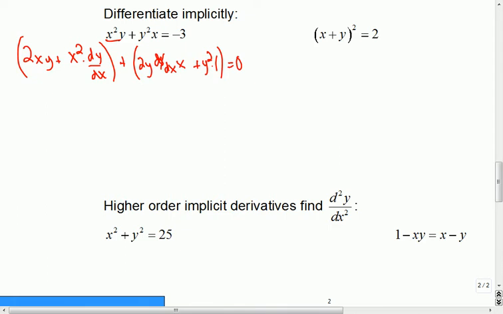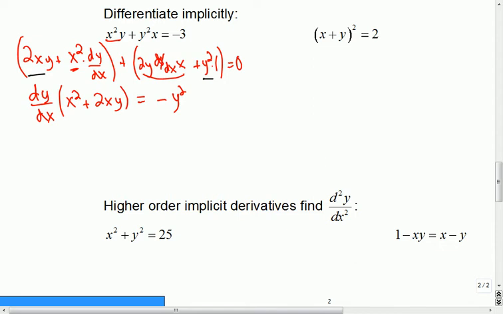Okay, so from here, I'm just going to move all my dy dx's, keep them on one side, factor them out. So dy dx, and the pieces that are left, here they are. So that'll be x squared plus 2xy. And on the other side of this, I'll have negative y squared, the other two pieces, which are these two.